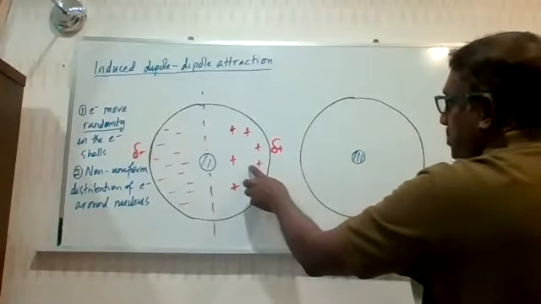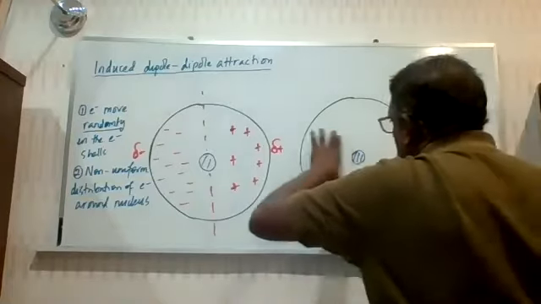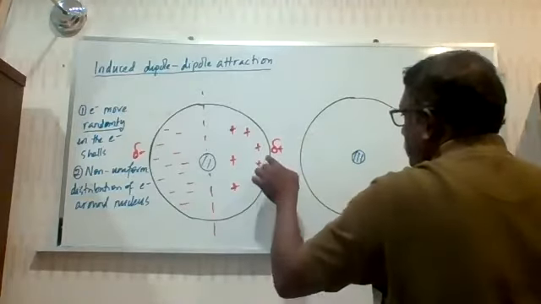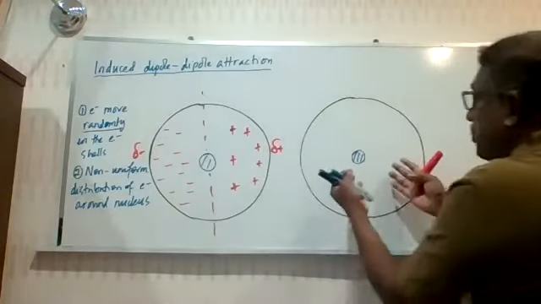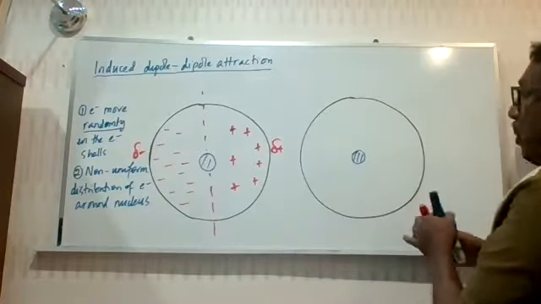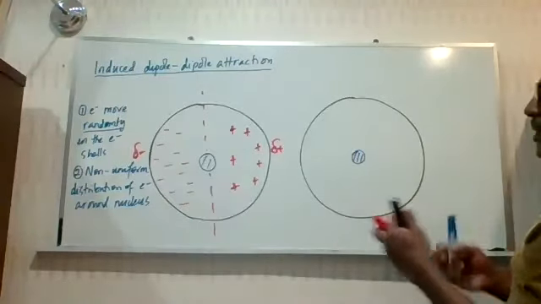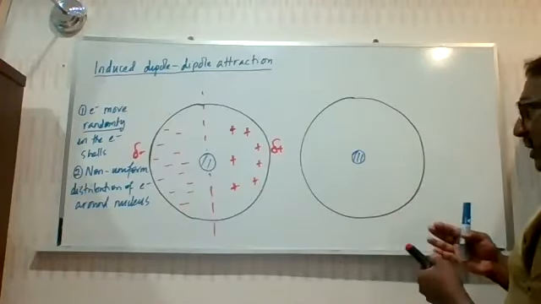So this partial positive charge will cause the electrons of this one to be attracted towards it. Non-uniform distribution did not occur yet here. Electrons are moving randomly, because not all the time or not immediately do you have non-uniform distribution. It is after some time of random movement that you get that.